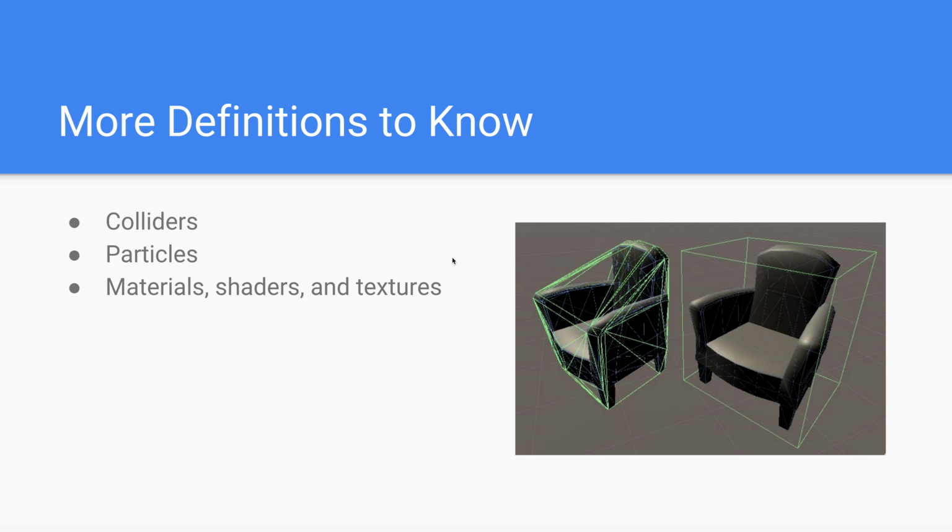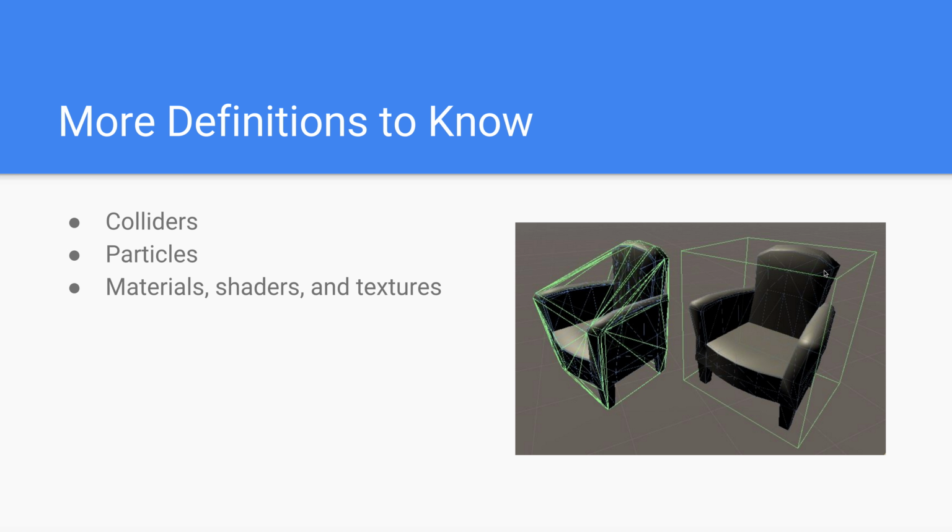It doesn't necessarily have any physics associated with it. So you can add a collider to the wall to prevent your first-person controller from walking through it. This is an example of a collider attached to a chair.